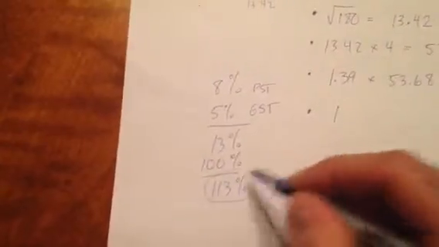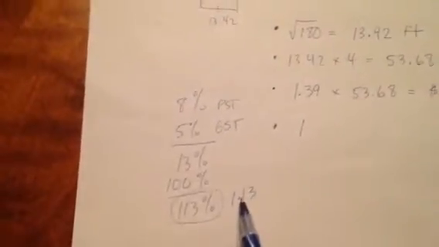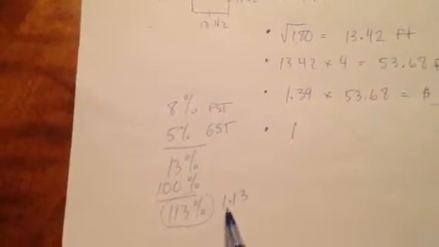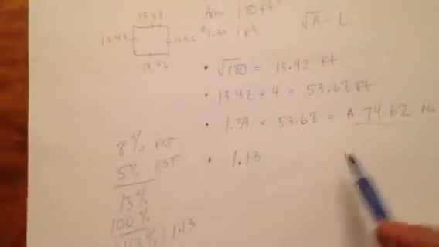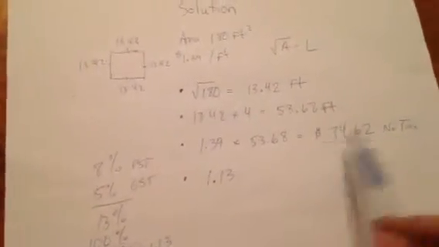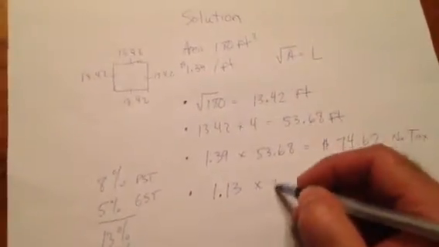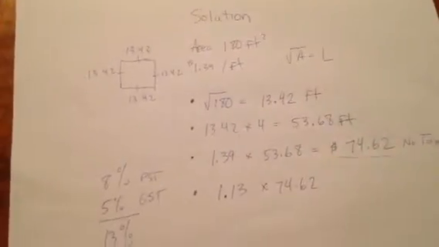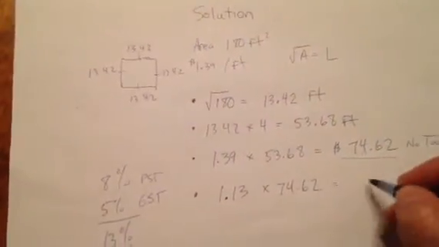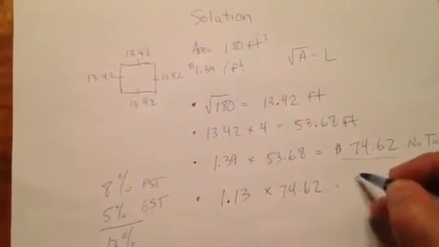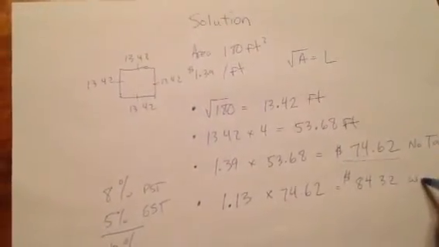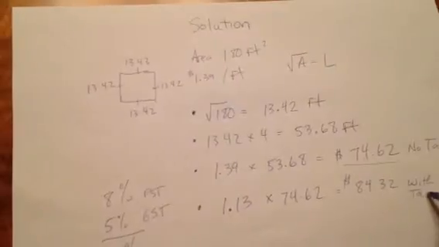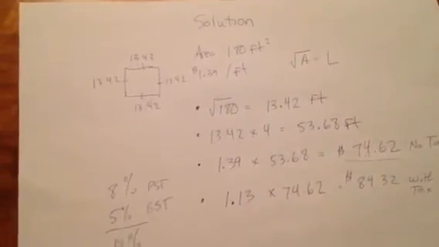We change this number to a decimal, 1.13, and this is the magic number for tax in Manitoba. All you do is take 1.13 and multiply it by the price with no tax, so times 74.62, and that gives you your price with tax, which works out to be $84.32 with tax. And that is 4 steps in solving this problem.